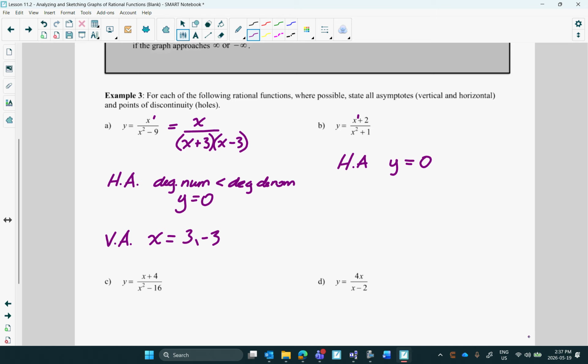One? Well, 1 squared is 1 plus 1 is 2. Nothing. You can't get 0. Okay? Because no matter what you put in here, you're going to square it and get a positive number, and then you're going to add to it. So there's no way you can get 0. So no vertical asymptote.